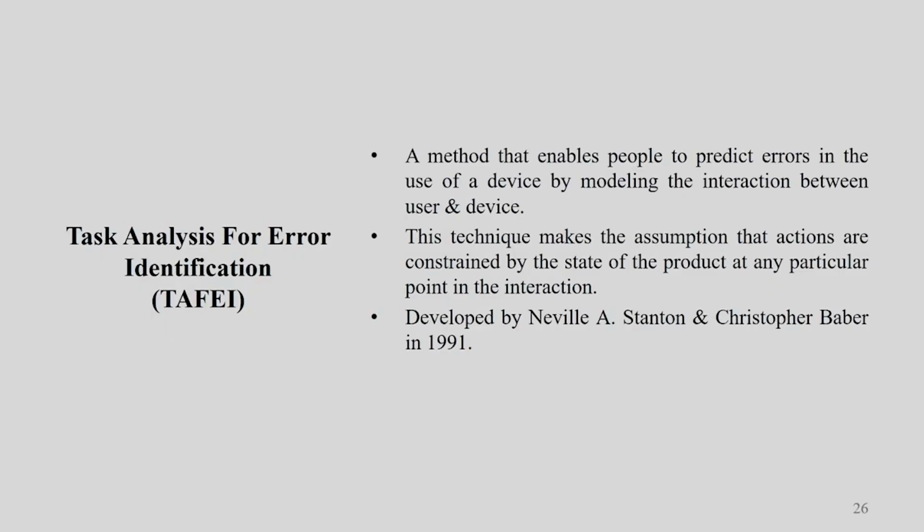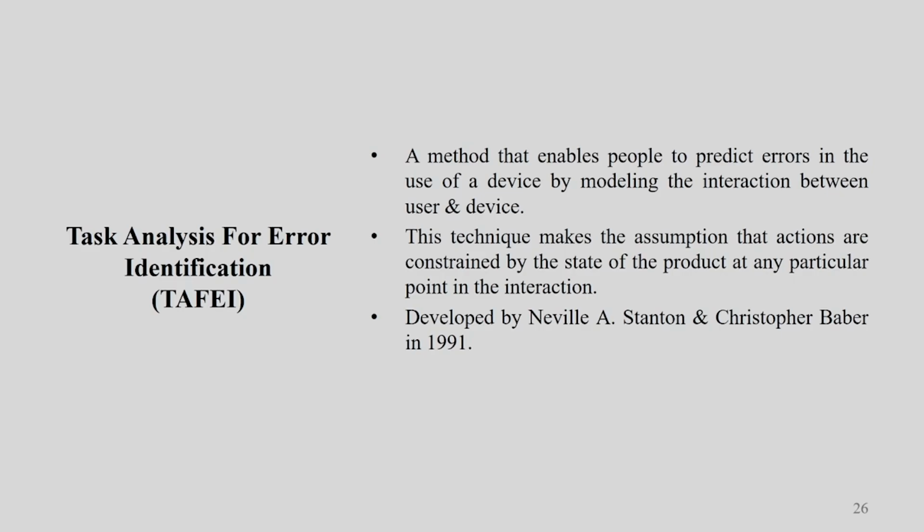If we understand those interactions properly, that will give us an understanding of what the possible failures in those interactions are and what the sources of those errors are. So this method models the interaction between the user and the device.